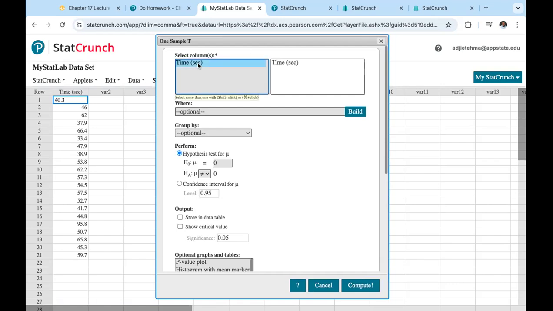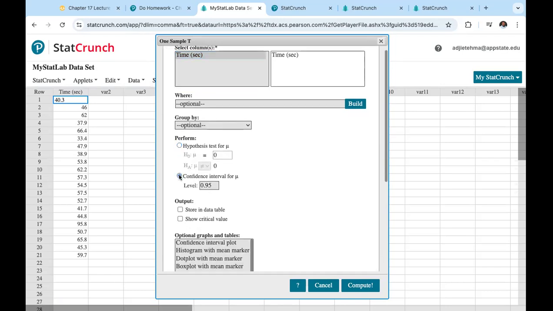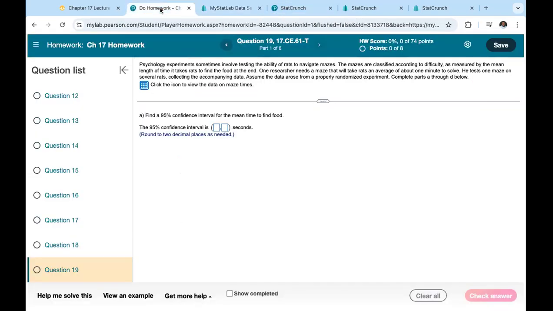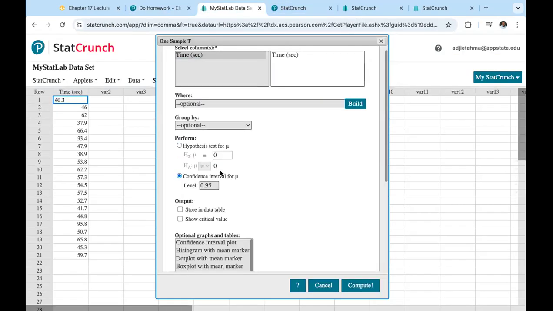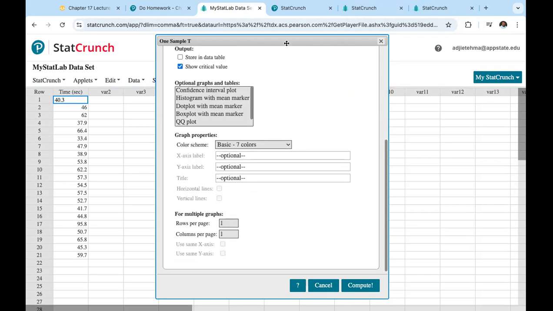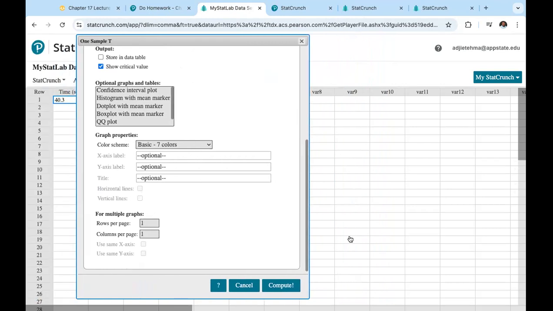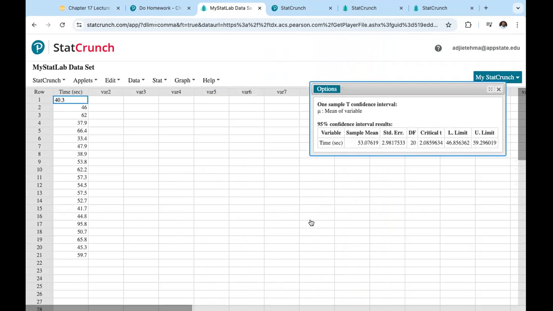We click on the column name, which is the time second. And then we click on confidence interval. The confidence interval is what? 95%. So we have this 95%. And then we click on show critical value. And then from there, we can click on compute.